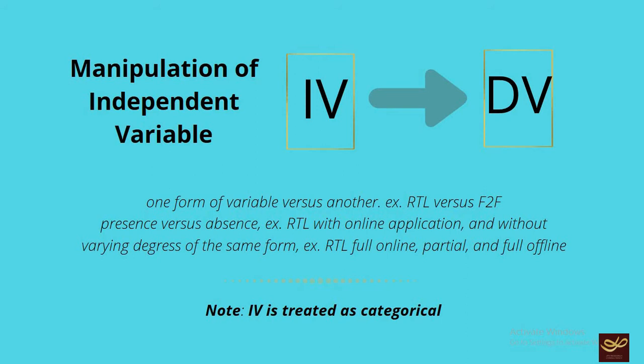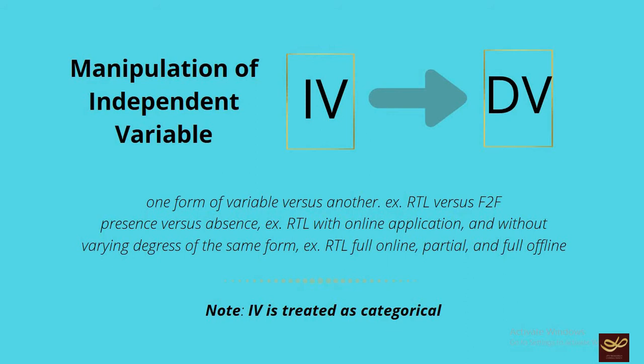An example of one form of variable versus another is when one group, the treatment group, is exposed to remote teaching and learning, while the other group, the control group, or the comparison group, is exposed to a face-to-face or the traditional or the residential teaching and learning process.